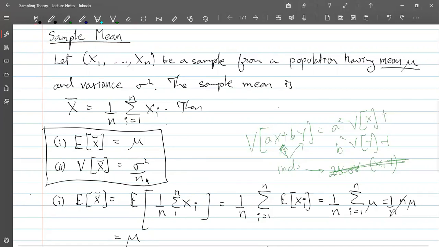So if you take a larger sample, that is if this n is large, then this variance is going to be very small, which means more often you will get a value very close to the population mean.